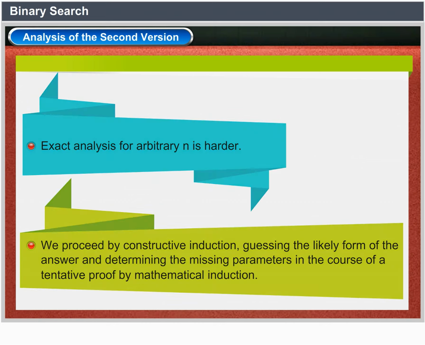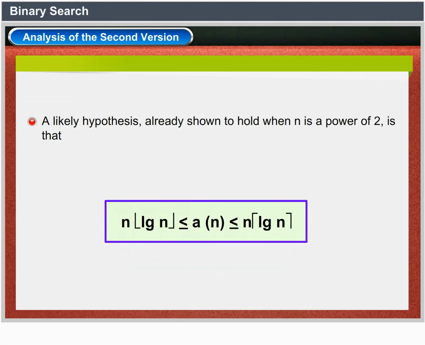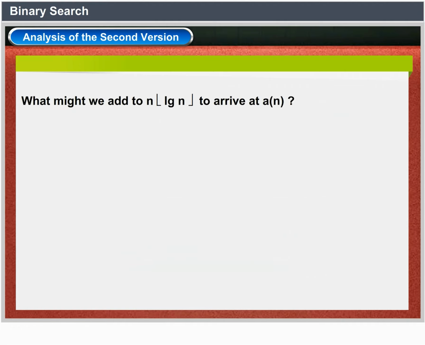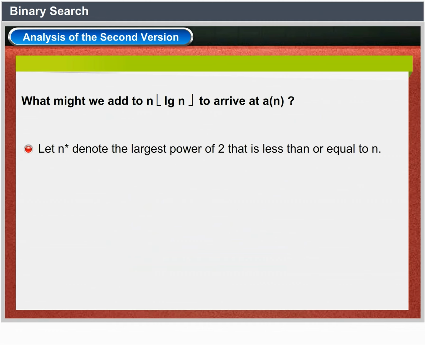A likely hypothesis already shown to hold when n is a power of 2 is that n·floor(log n) is less than or equal to a(n), which is less than or equal to n·ceiling(log n). What might we add to n·floor(log n) to arrive at a(n)? Let n* denote the largest power of 2 that is less than or equal to n.